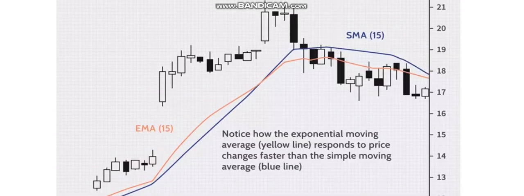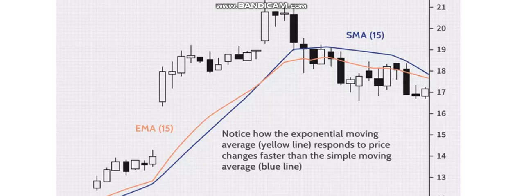Charting averages. So the blue line represents the SMA and the yellow line represents the EMA. So this is a 15-day SMA and a 15-day EMA. Notice how the exponential moving average yellow line responds to price changes faster than the simple moving average blue line.